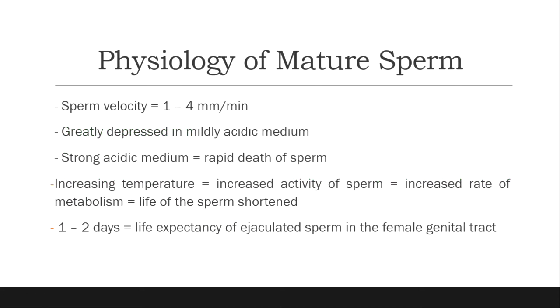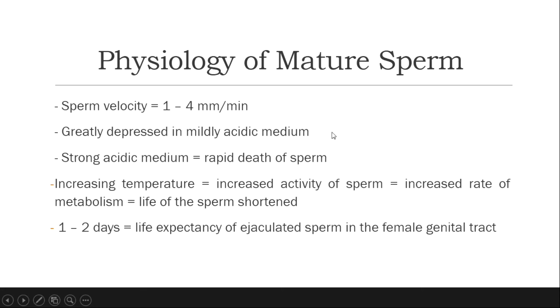Okay? So, some of the key facts about the mature sperm, sperm velocity niya, 1 to 4 mm per minute. It is greatly depressed in mildly acidic medium. In a strong acidic medium, it causes a rapid death of sperm.